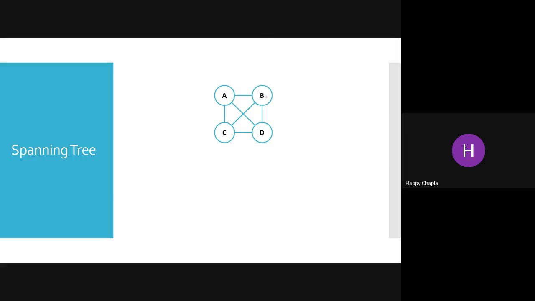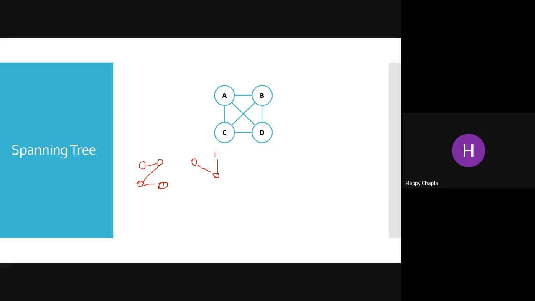graph, if we want to find a particular spanning tree for this graph, we have different kinds of situations like A to B, B to C, and C to D. Okay, second spanning tree, I am saying about possible spanning trees: A to D, right?